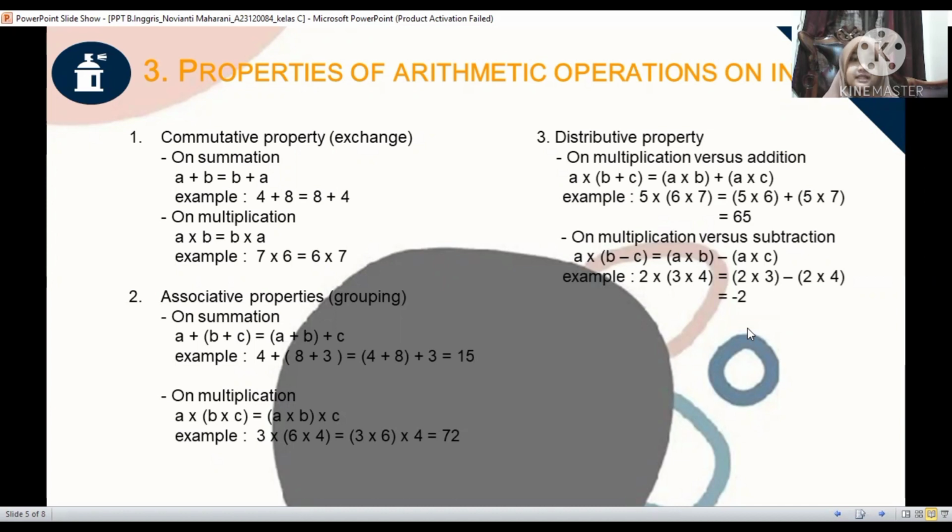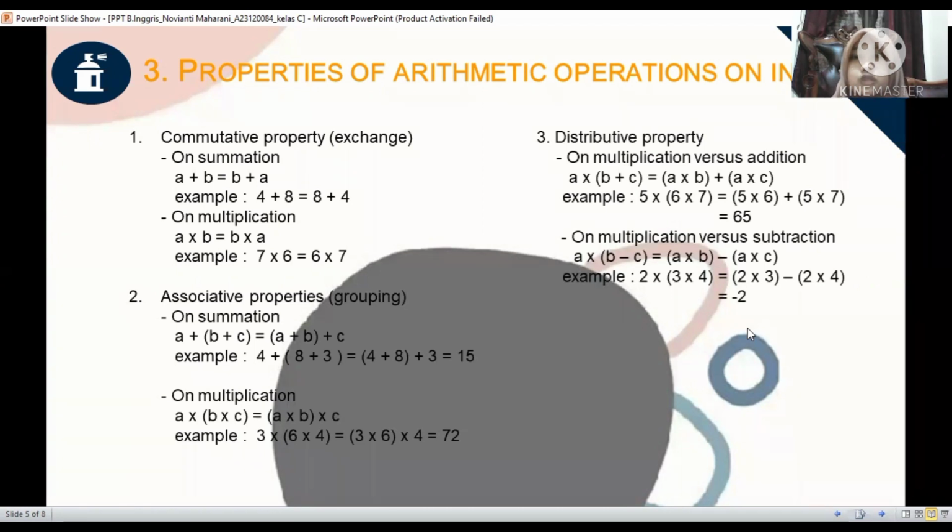On multiplication, A times in brackets B times C equals in brackets A times B times C. Example, 3 times in brackets 6 times 4 equals in brackets 3 times 6 times 4 equals 72.